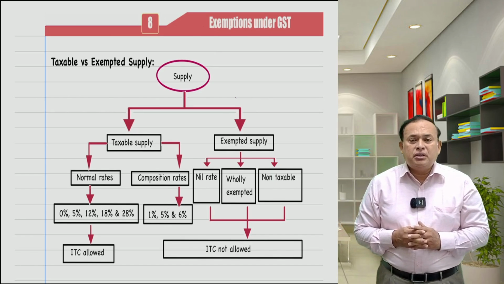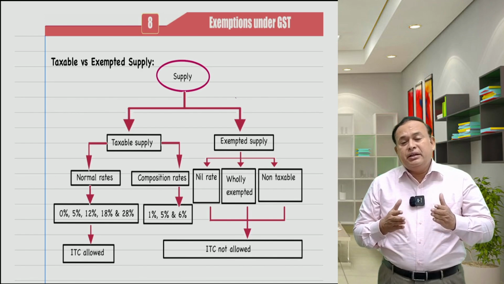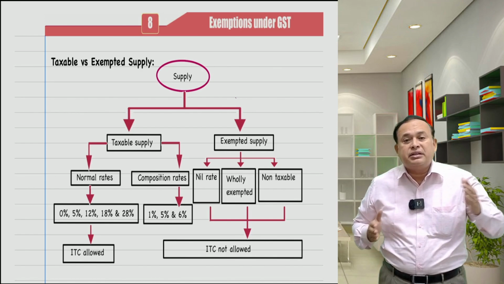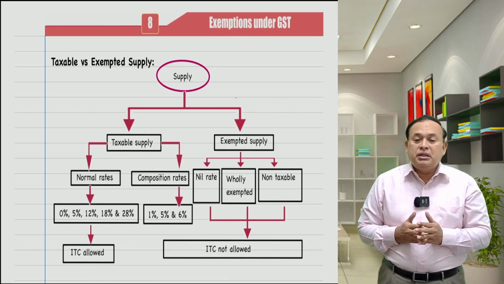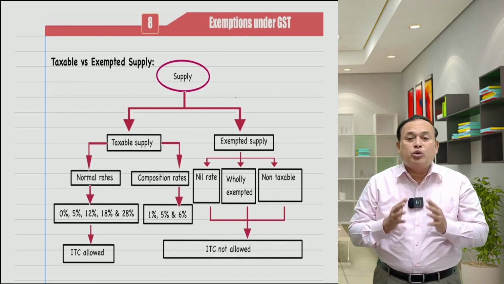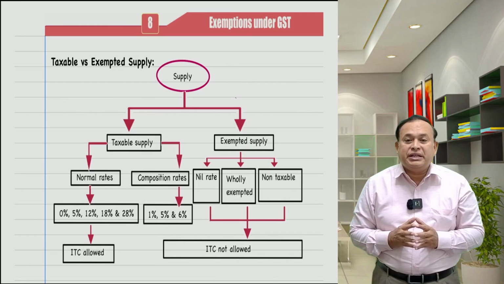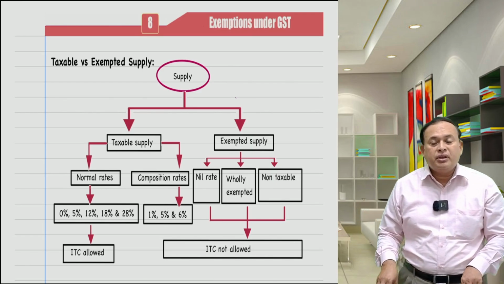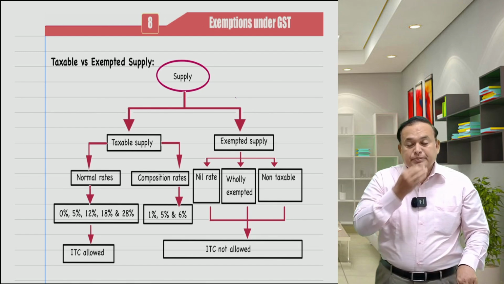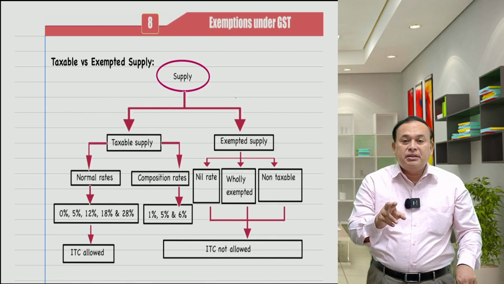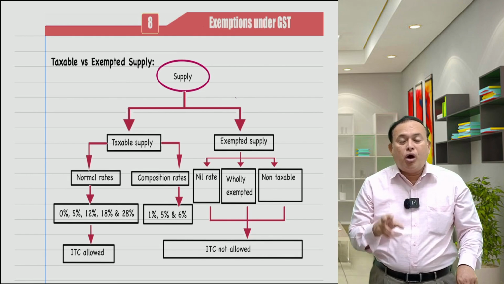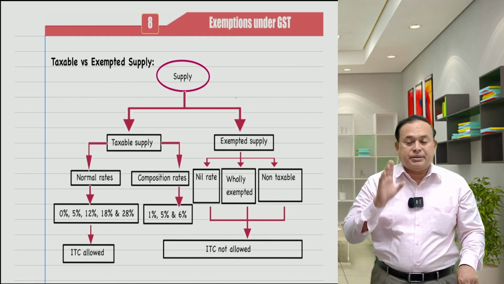There are 83 exemptions in the notification number 12/2017 of central tax. What is exempted? Intrastate also be exempted at interstate.